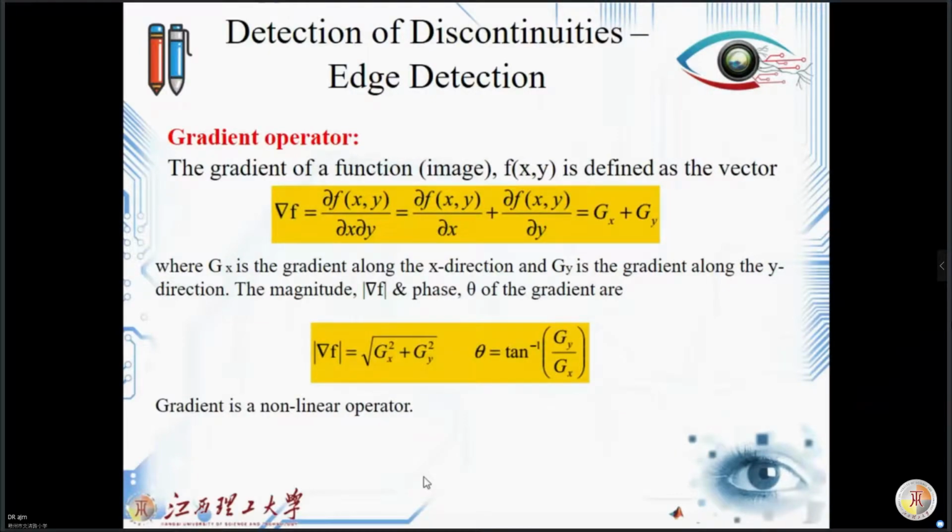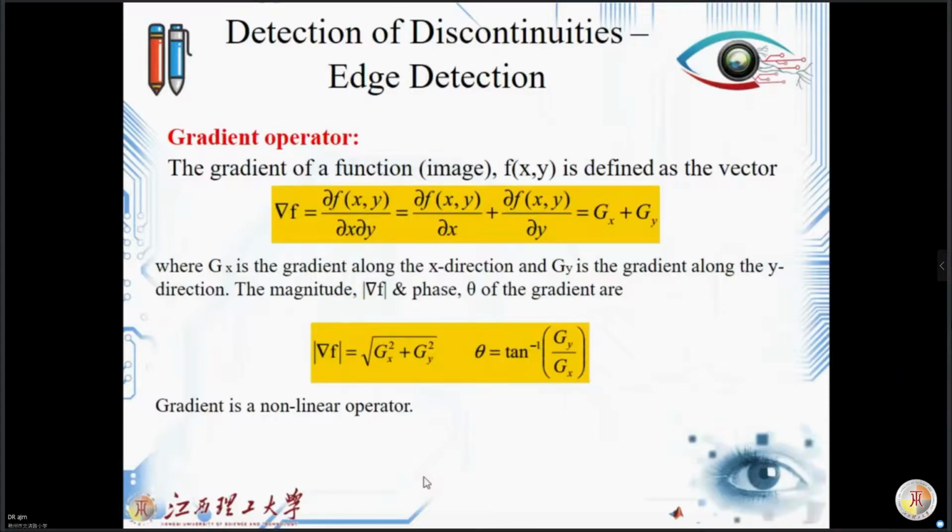The gradient of our image function f(x,y) can be defined as a vector. I take the derivative of f(x,y) with respect to x and y, then split it, taking the derivative with respect to x and the derivative with respect to y.